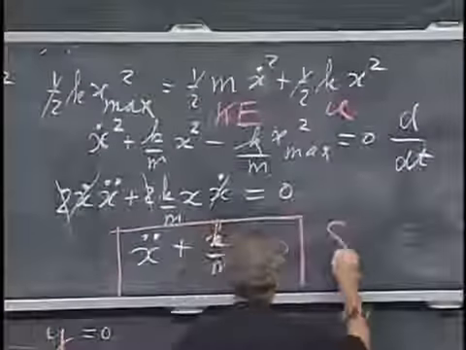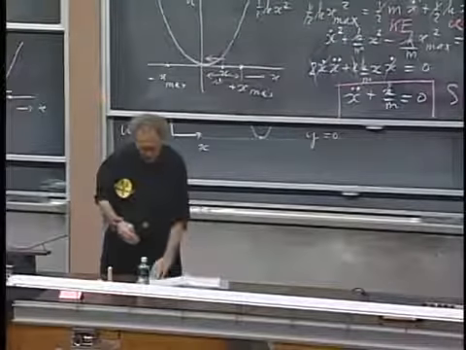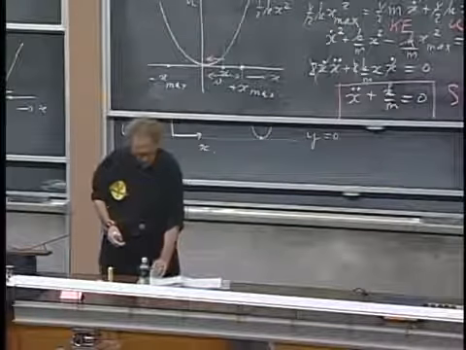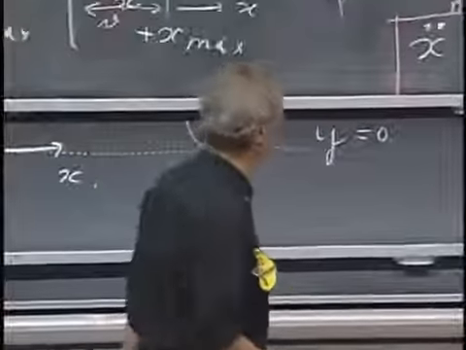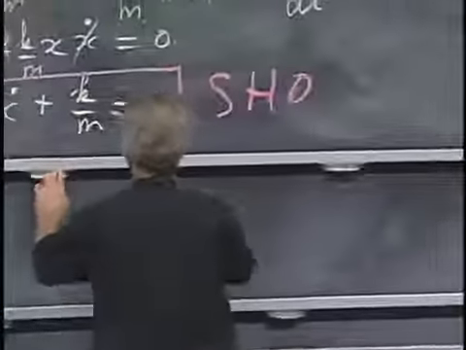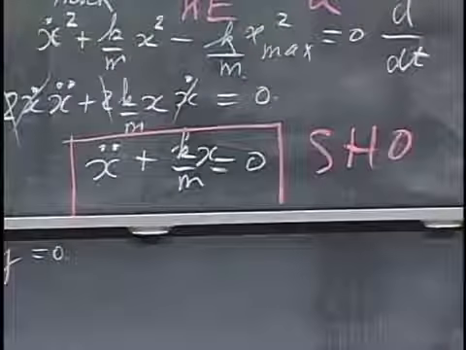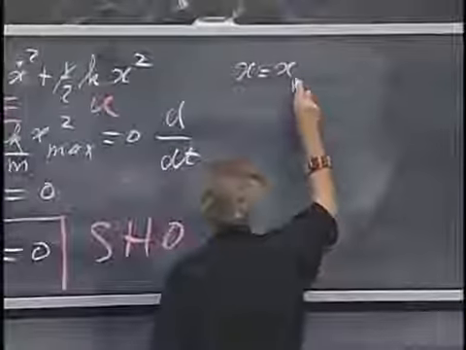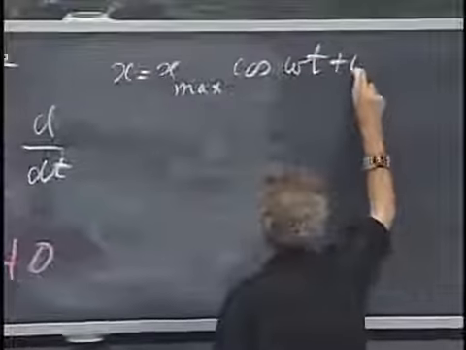You've seen this equation before. We derived it in a different way. We didn't use forces today. We only used the concept of mechanical energy, which is conserved. We know the solution to this equation. The solution is x equals x max times the cosine of omega t plus phi.